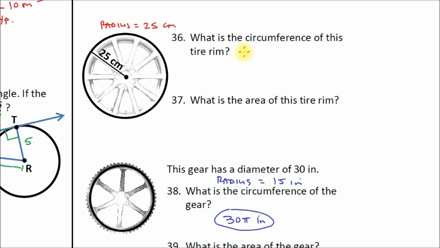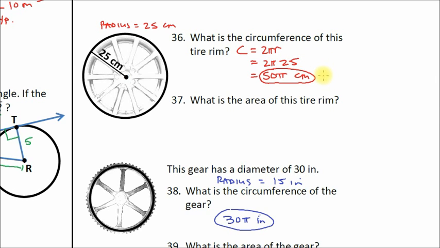So the circumference of a circle, circumference is equal to 2 pi r, which is equal to 2 pi times 25. And now we can combine the 2 and the 25. 2 times 25 is 50. And so our answer is 50 pi centimeters. And I am happy with that answer.